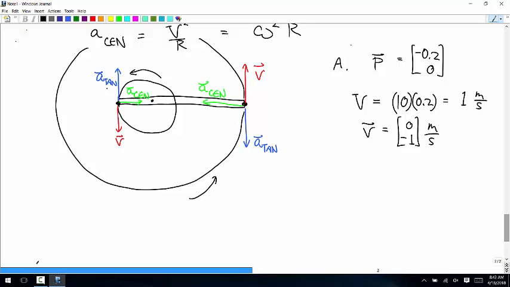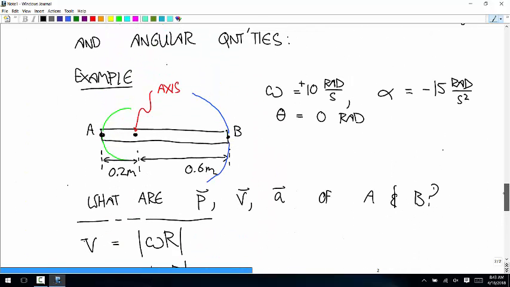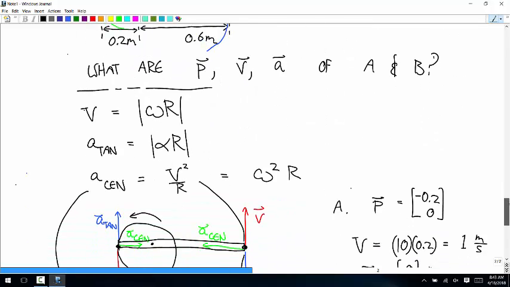The tangential acceleration is in the positive y direction, and the magnitude is the magnitude of alpha times what? 0.2.